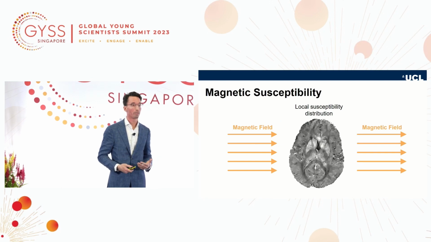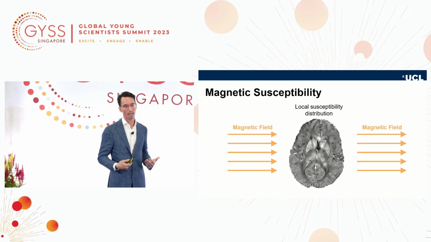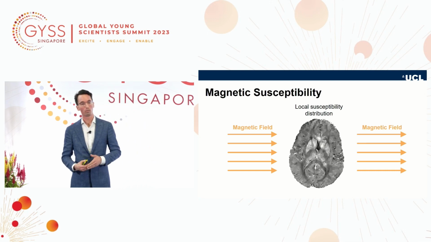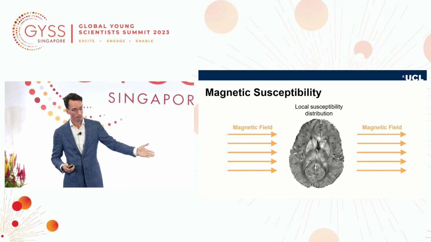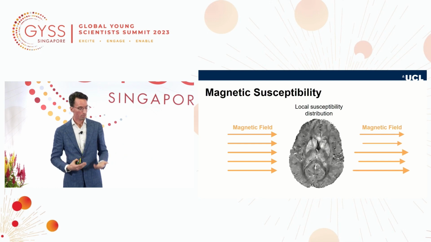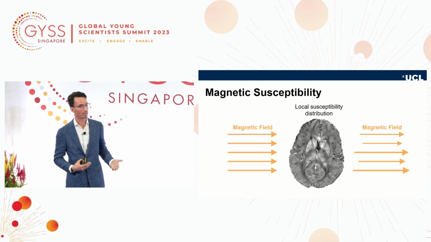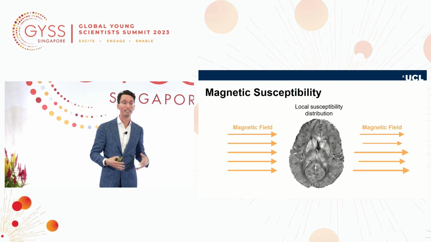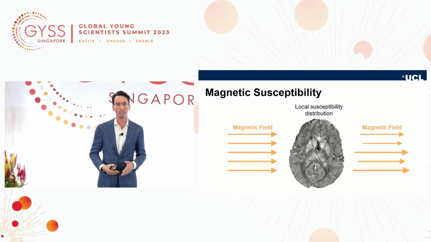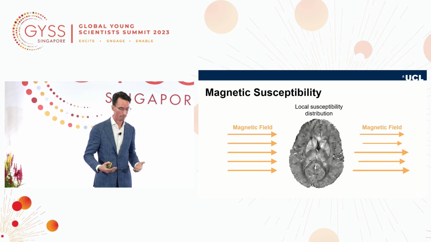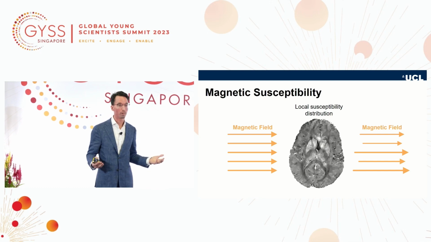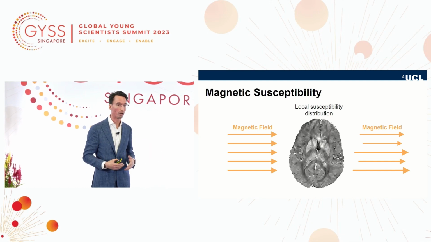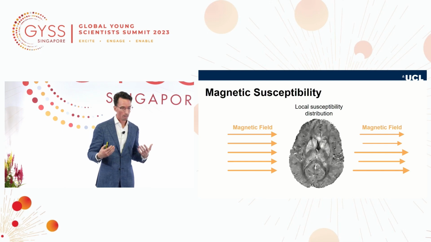This shift means that in the scanner, where we have this really nice uniform magnetic field, in fact, most of the field where we're measuring is not exactly uniform. Slightly diamagnetic tissue will mean that the field locally is decreasing, and paramagnetic tissue means it's locally increasing in strength, because it shapes the field by pushing it out or attracting it.